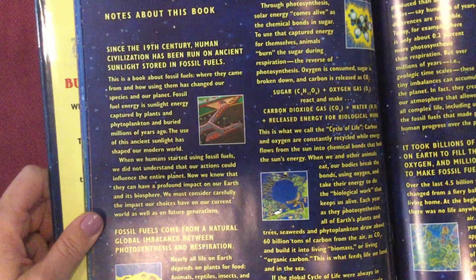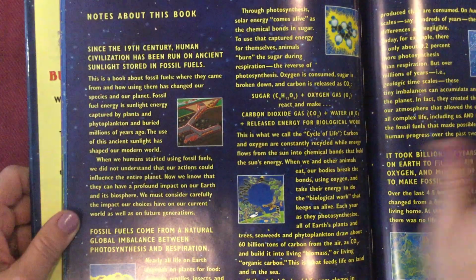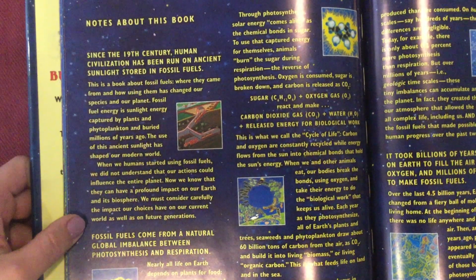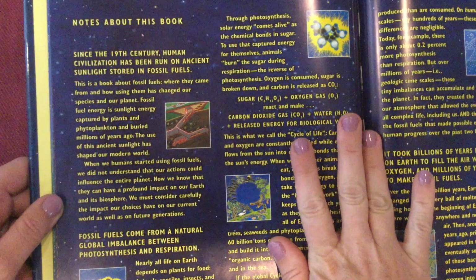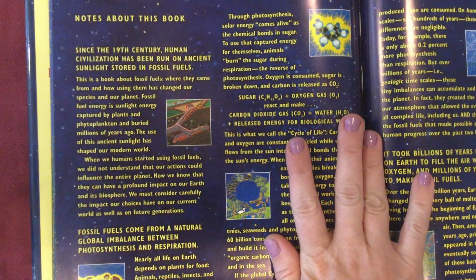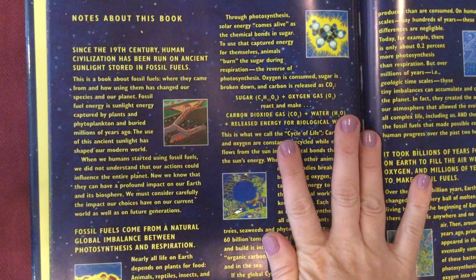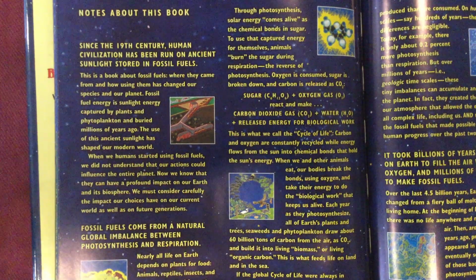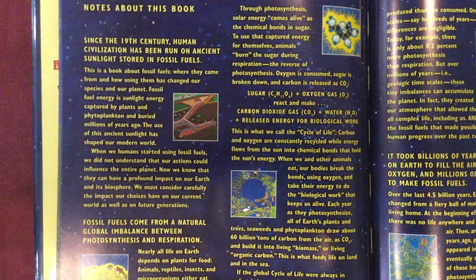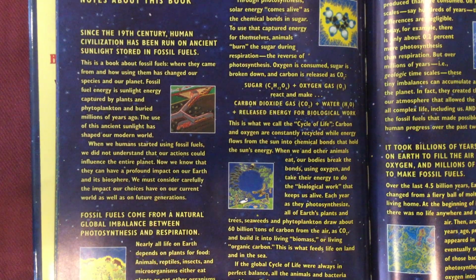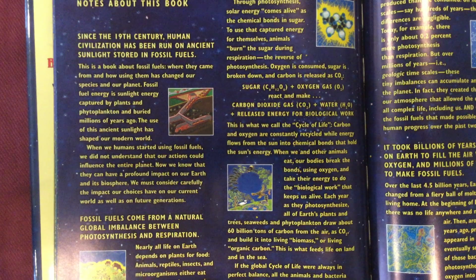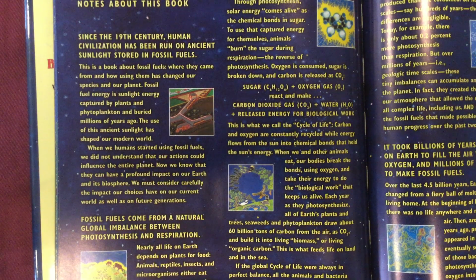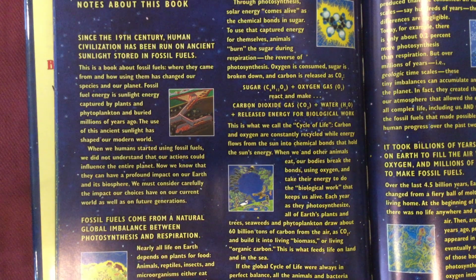Notes about this book. Since the 19th century, human civilization has been run on ancient sunlight stored in fossil fuels. This is a book about fossil fuels, where they came from, and how using them has changed our species and our planet. Fossil fuel energy is sunlight energy captured by plants and phytoplankton and buried millions of years ago.